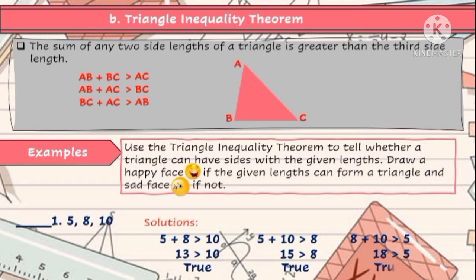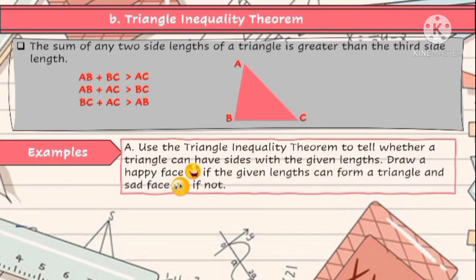Simplifying it, 18 is greater than 5, which is also true. So since dito sa tatlong solutions natin, nag-true lahat ng statements, therefore, ang lengths na 5, 8, 10 can form or can be the sides of a triangle. So, lagyan natin ng happy face.